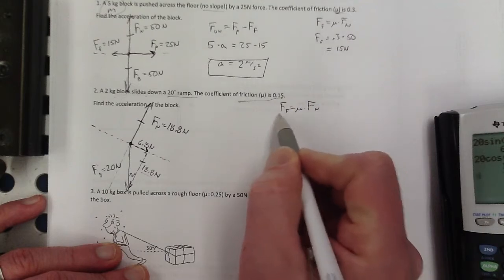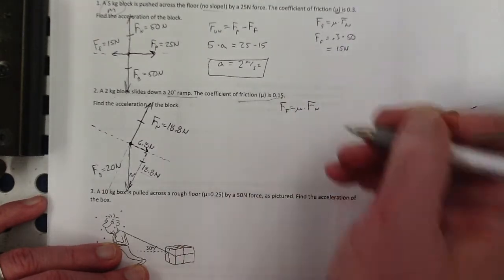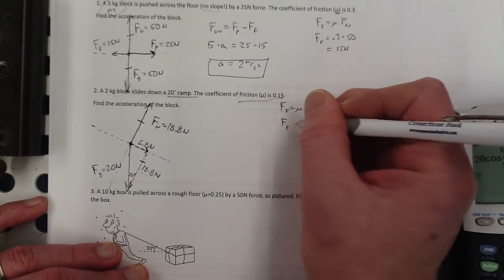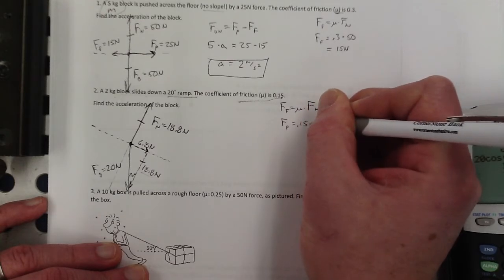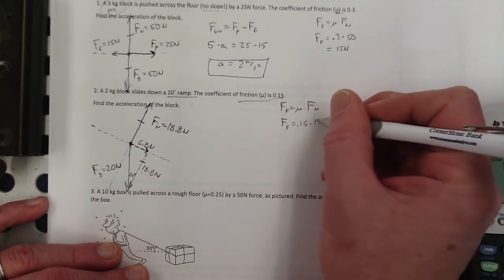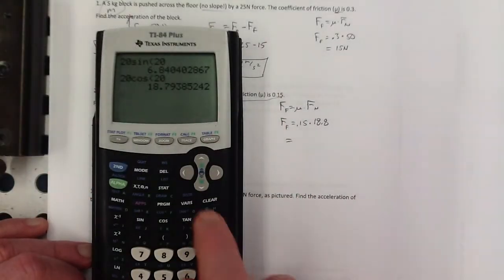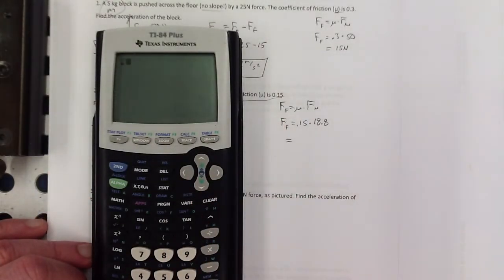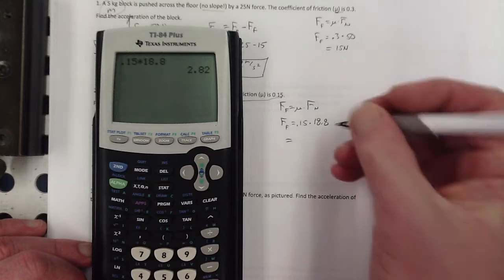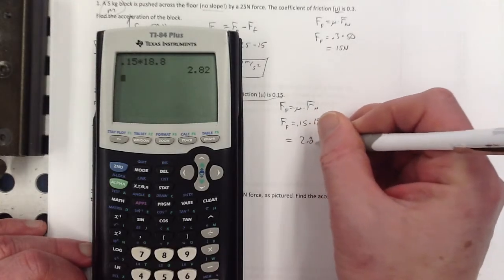Notice I'm always writing down the equation that I'm using before I start jamming numbers in. And the normal force we just found is 18.8. So I don't remember my 18.8 times tables, so I'll use a calculator for that. That's about 2.8 newtons.